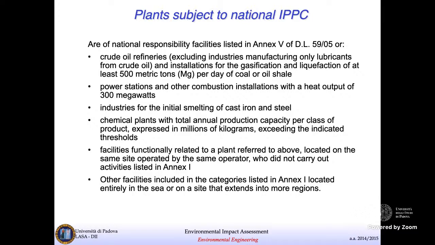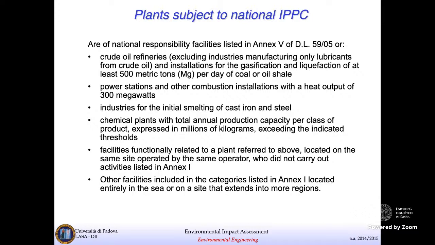Industries for the initial smelting of cast iron and steel, and chemical plants with total annual production capacity per class of product, expressed in millions of kilograms, exceeding the indicated thresholds, which are indicated in the annex of the IPPC directive, but also in the BREFs.